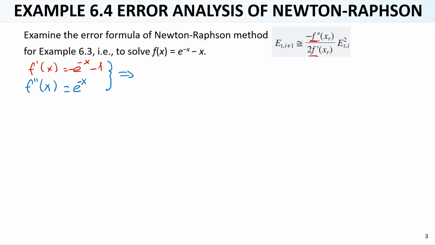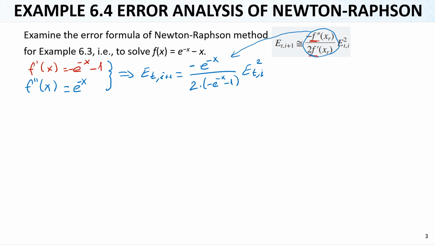But instead of that, we can just simply write these into the equation and find the formulation. ET i plus 1 is equivalent to minus second derivative e to the minus x divided by 2 times minus e to the minus x minus 1, like this. And also there is ETi square. We simply use this part here, you can see.